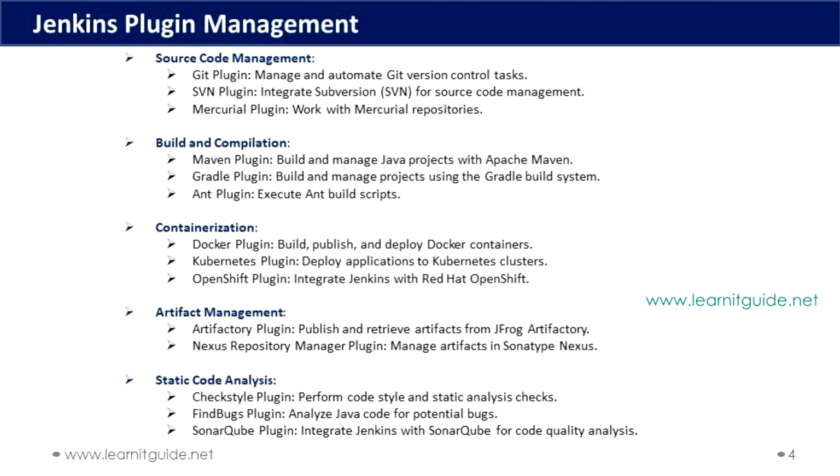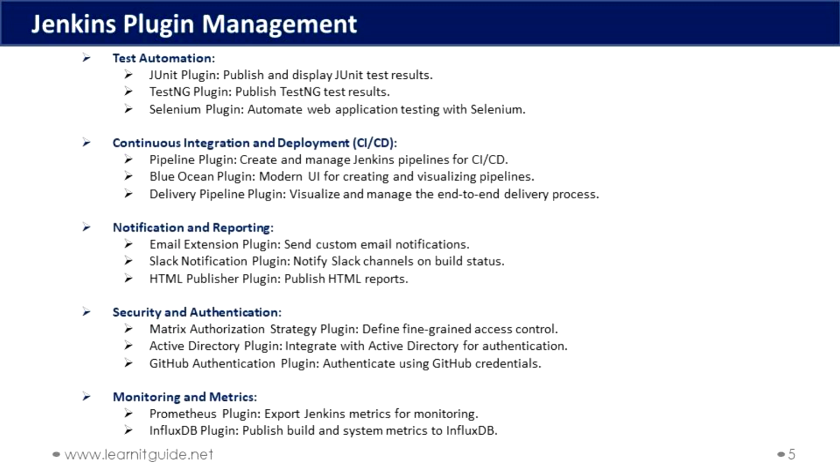And for artifact management, you have Artifactory plugin, Nexus Repository Manager. And for static code analysis, you have Checkstyle plugin, Findbugs, and SonarQube. And for test automation, you have JUnit, TestNG, and Selenium. For CI/CD, we have Pipeline plugin, Blue Ocean plugin, Delivery Pipeline plugins. And for notification and reporting, we have email extension plugins, Slack notifications, and HTML publisher plugin.